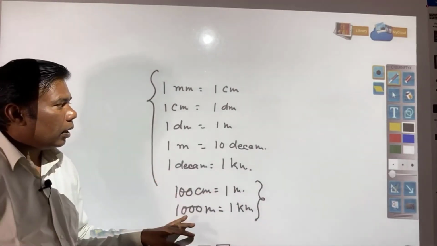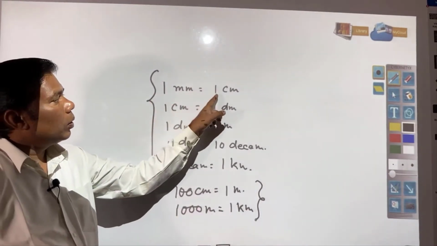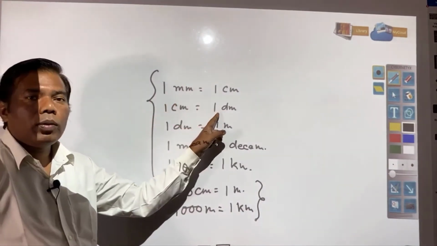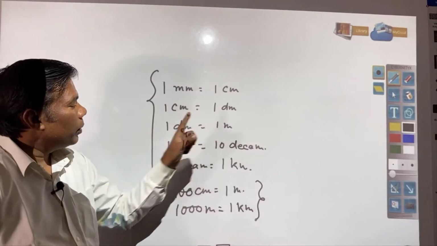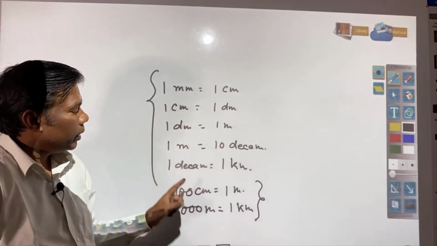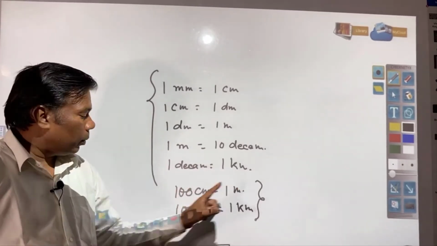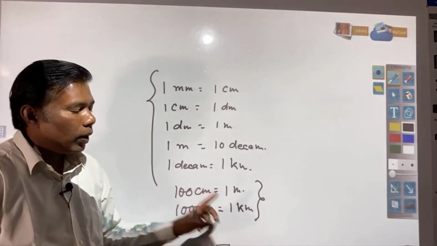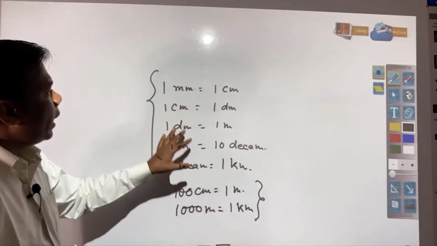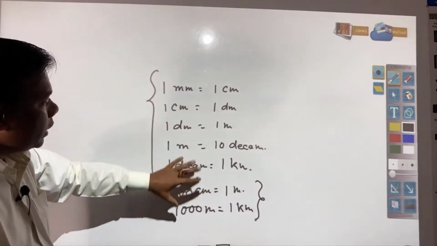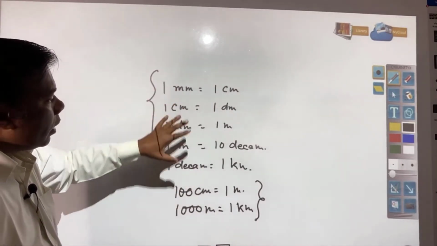You must learn them by heart. 10 millimeter is equal to 1 centimeter. 10 centimeter is equal to 1 decimeter. 10 decimeter is equal to 1 meter. 10 meter is equal to 1 decameter. 100 centimeter is equal to 1 meter, and 1000 meter is equal to 1 kilometer. And these are all units of length.